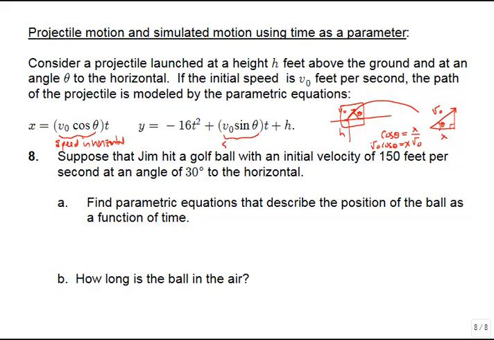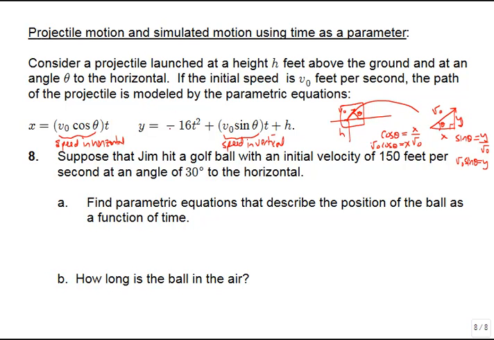Now the component in the y direction is a little bit more complicated. This is our speed in the vertical direction. By the same reasoning, we would set up a y right here and call this sine of theta equals y over v sub 0, cross multiply, and so the component of the velocity in the y direction, just in the vertical direction, would be v sub 0 sine theta. But we also have gravity acting on this object, helping to pull this projectile back down to the ground.